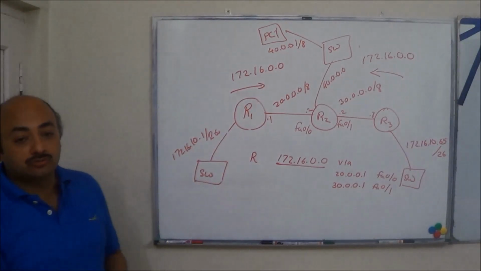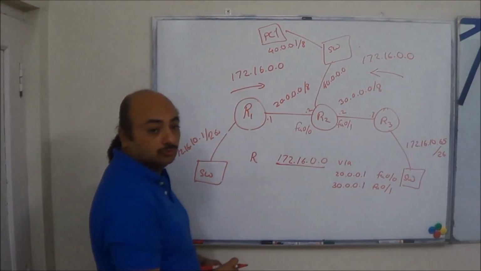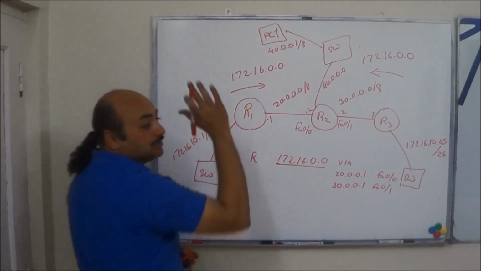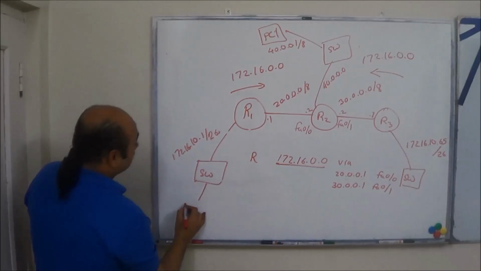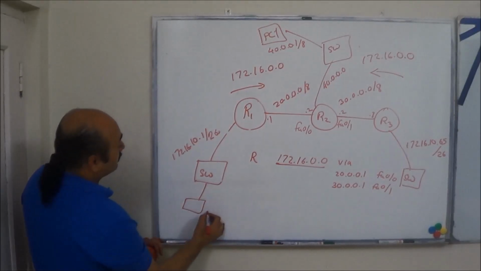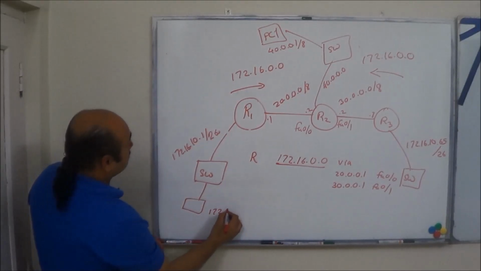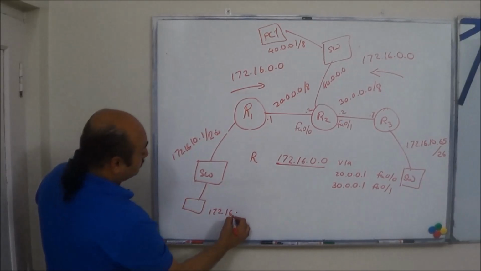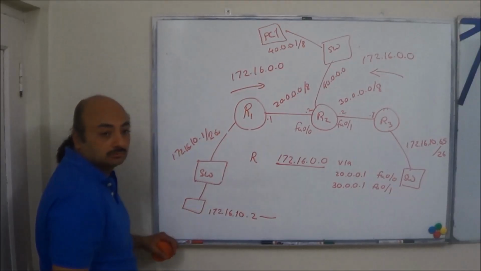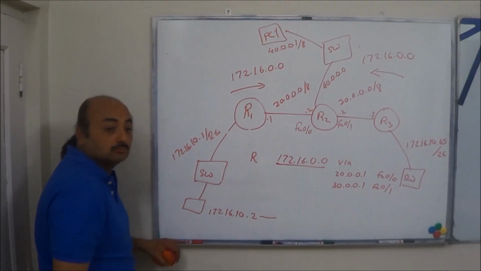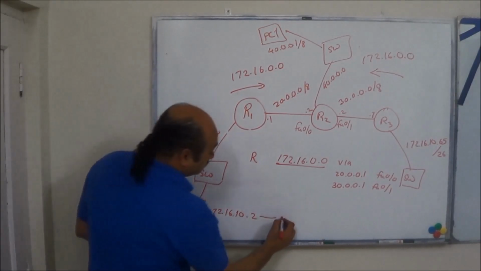If it now wants to send a packet to some PC, what PCs can come here? 172.16.10.2 to 62.